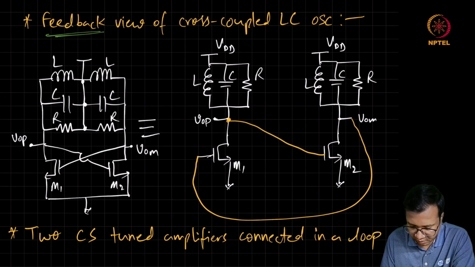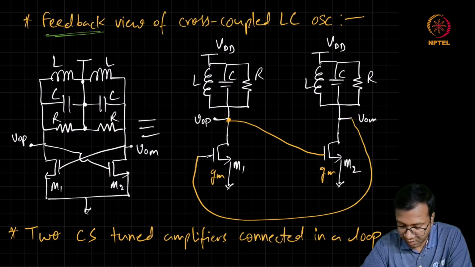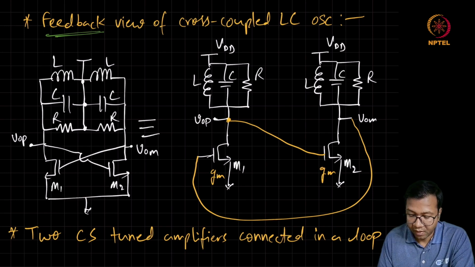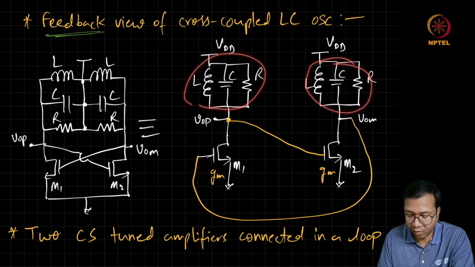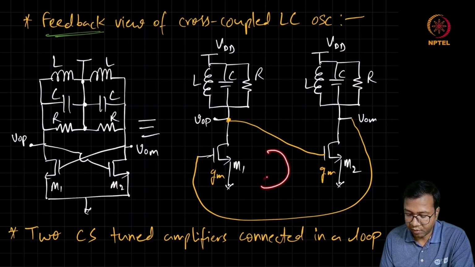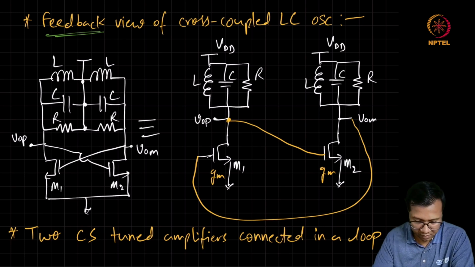So now let's say that these MOSFETs are biased in saturation with transconductance of GM. Then we know that at the resonance frequency, the load for each of these amplifiers is going to be just this R. Then the gain of each stage is going to be minus GM into R. And if we go around the loop, then the overall gain is going to become GM into R whole square.